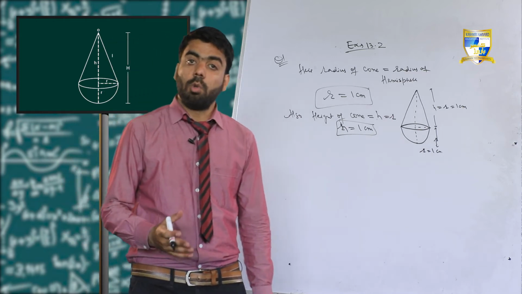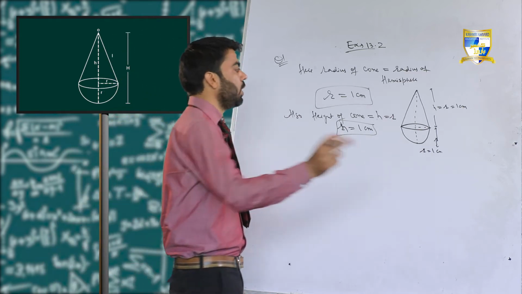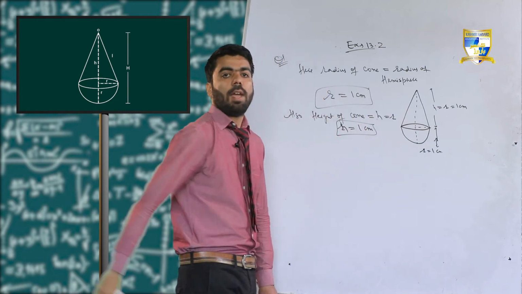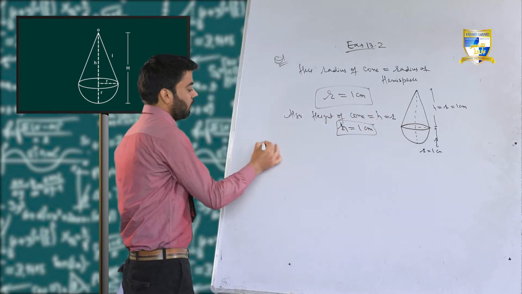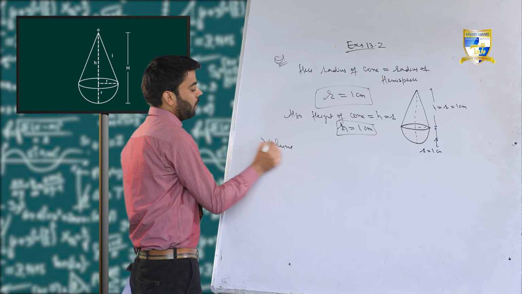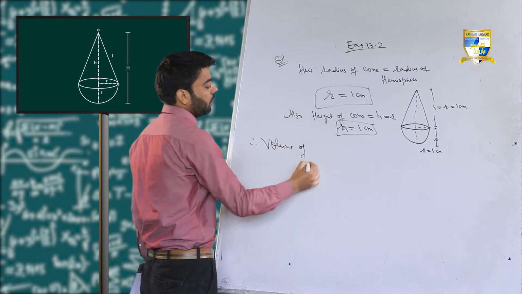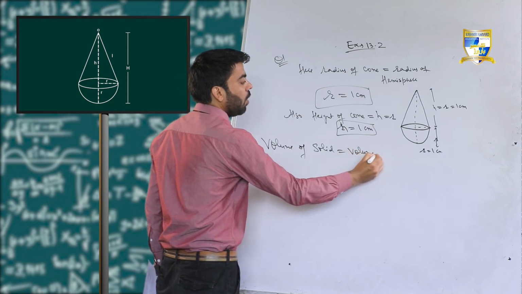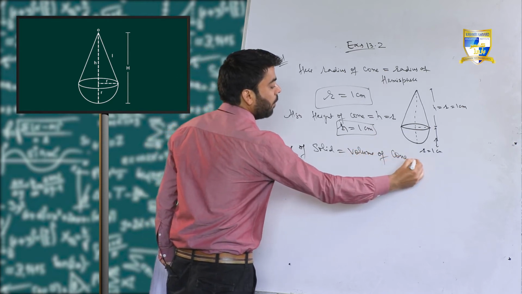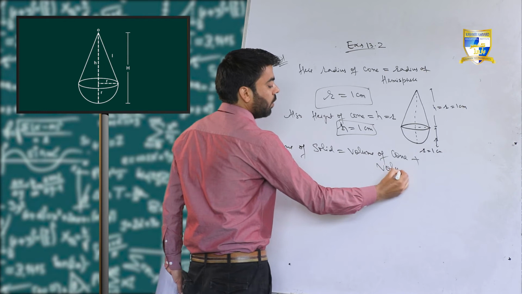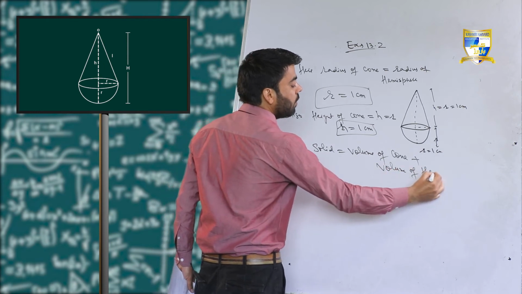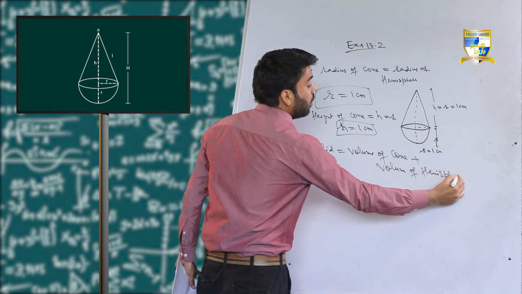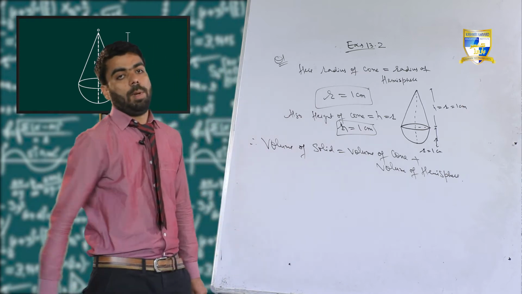So what are we supposed to find? We are supposed to find the volume of this object. The object is composed of two things: one is the cone and second is the hemisphere. We write the volume of this solid is equal to the volume of the cone plus the volume of the hemisphere. We must remember the formulas.